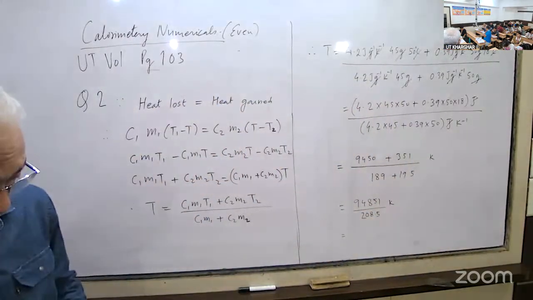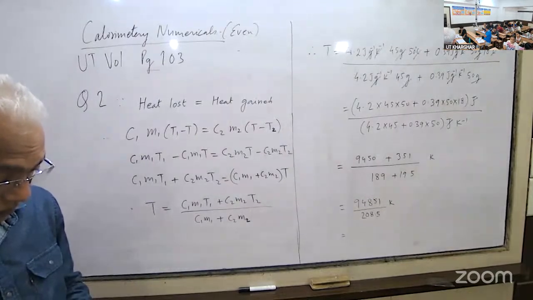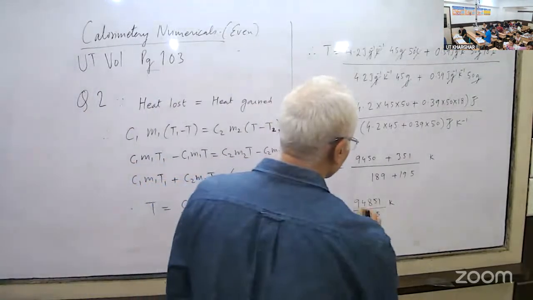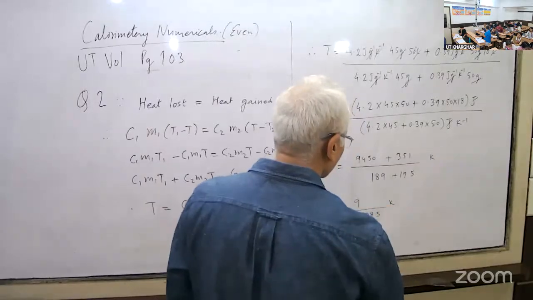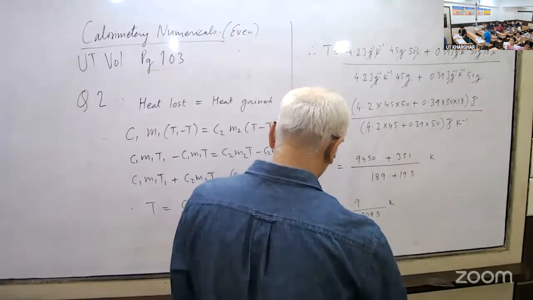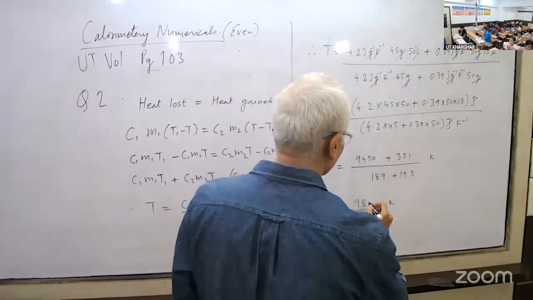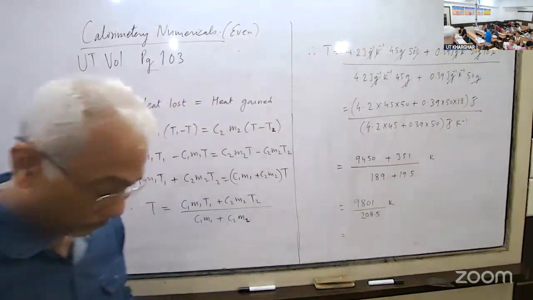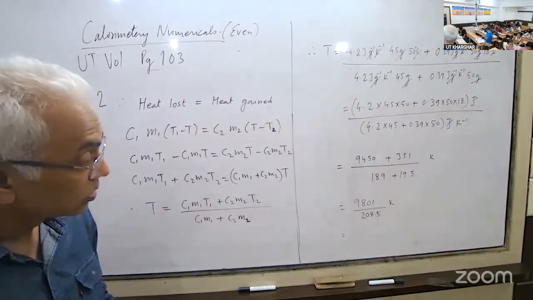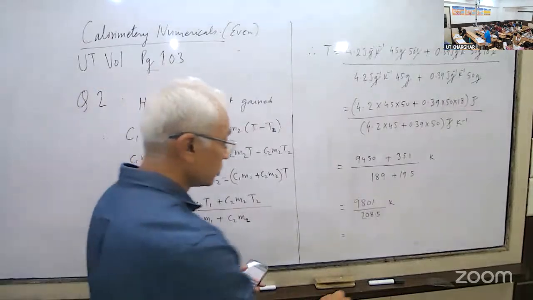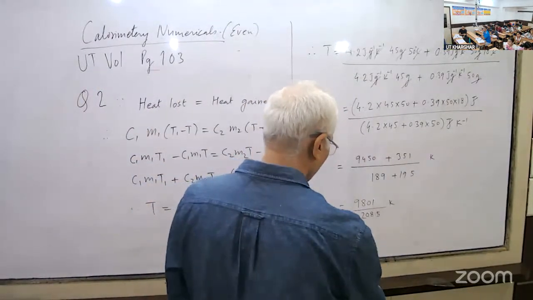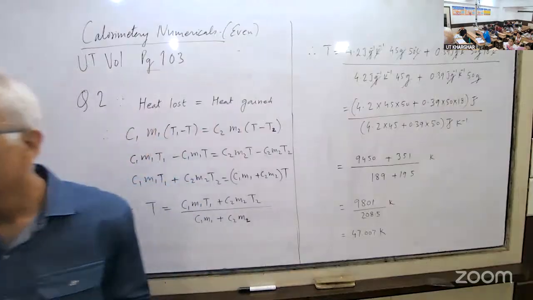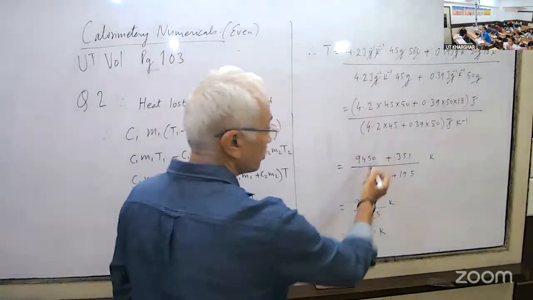It's 9450 plus 980. So this is around 40. Okay, so there was a mistake here. I wrote a 0 extra.